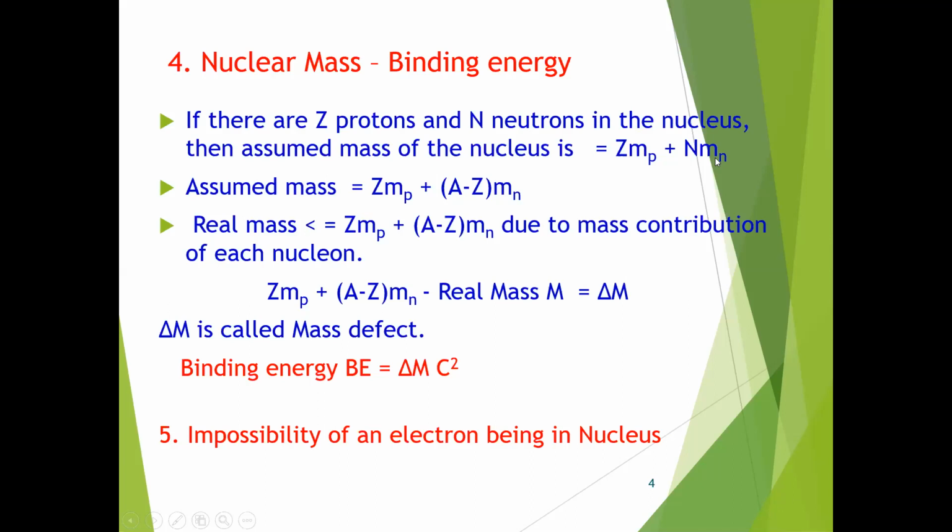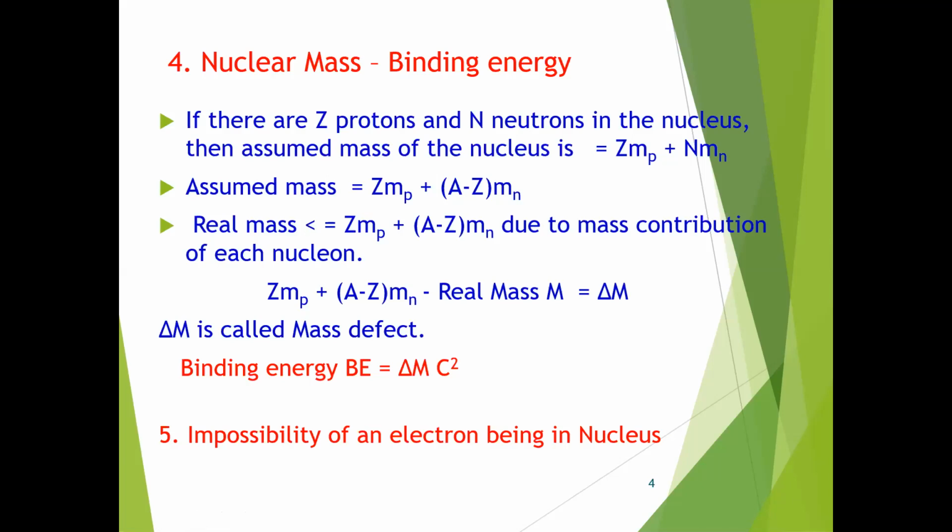Mn is the mass of the neutron, so the total mass of the neutrons is N·mn. So the total mass of the nucleus is Zmp plus N·mn, where N is equal to the mass number minus the atomic number, A minus Z. So the calculated mass of the nucleus is Zmp plus (A minus Z)·mn.